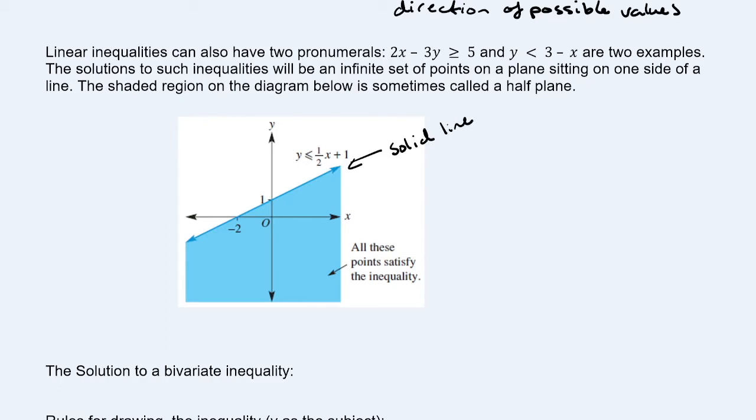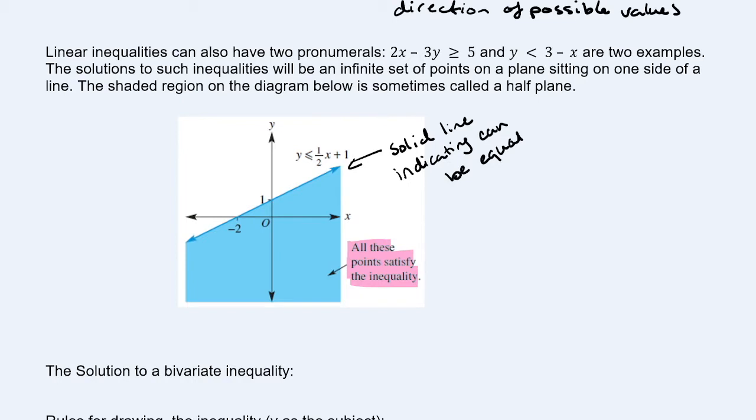If you remember, the coloured in dot meant that it could be equal to. So this solid line will indicate that as well. And then we've shaded in underneath to show that all those points will satisfy our inequality.